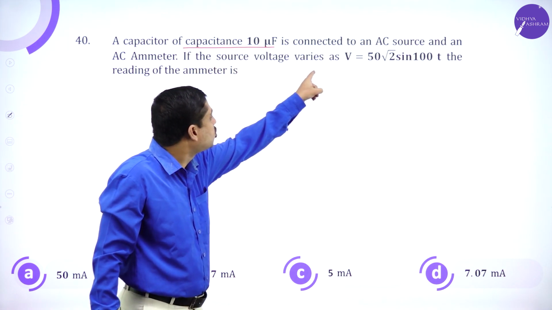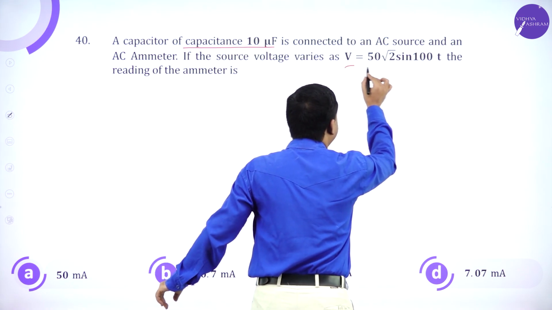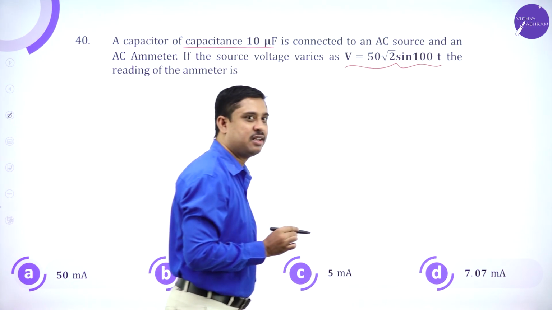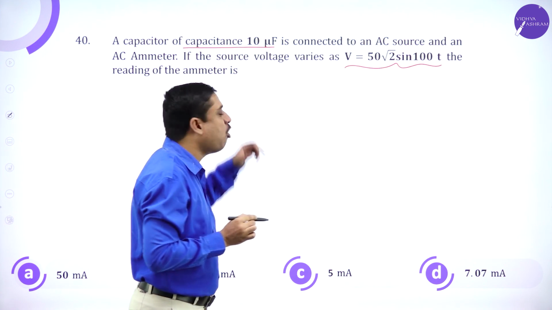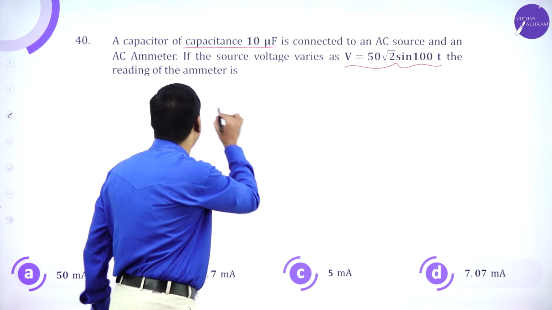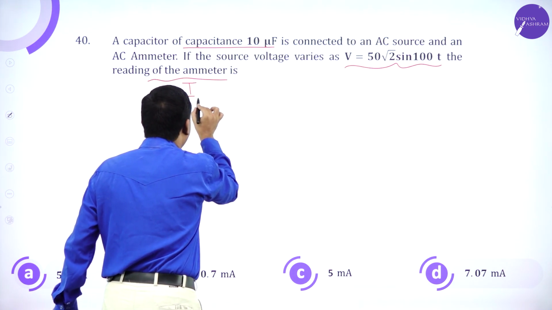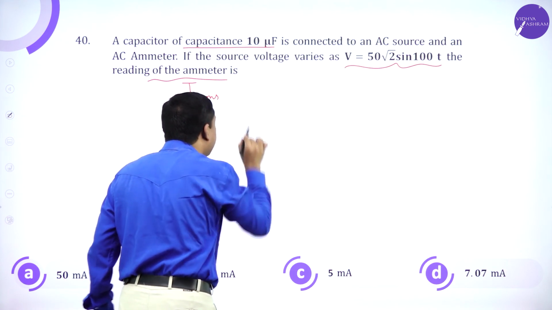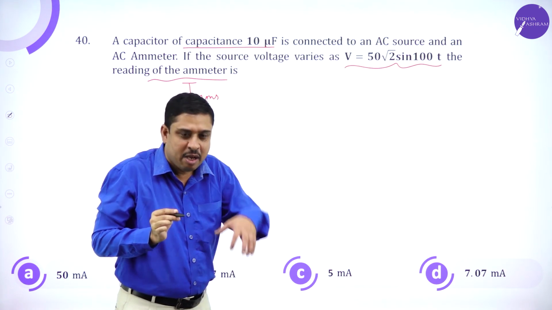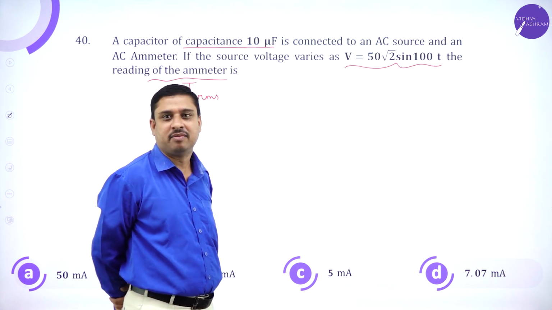If the source voltage varies according to this equation, then the reading of the ammeter, the RMS value of current, IRMS, has to be calculated. The particular reading is the RMS value.